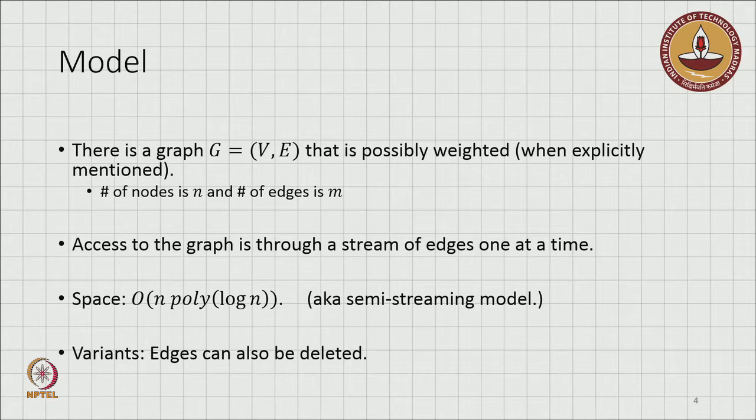Let's begin with a clear statement of what the computational model is. Our input is a graph G with vertex set V and edge set E. We use n to denote the number of nodes and m to denote the number of edges. The edges might be weighted or unweighted.